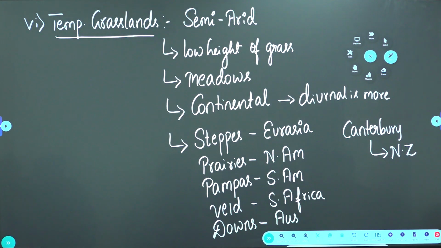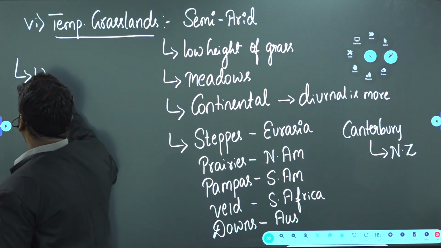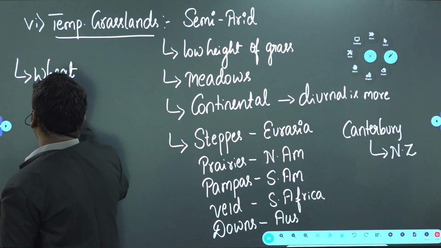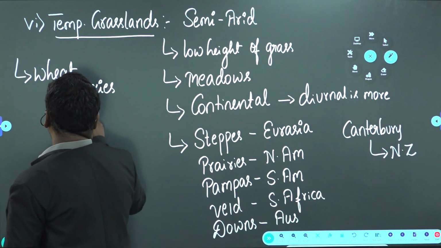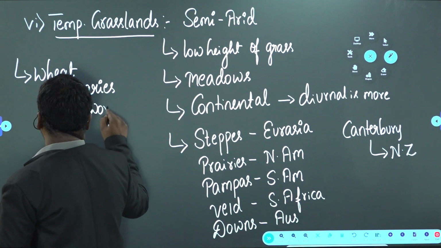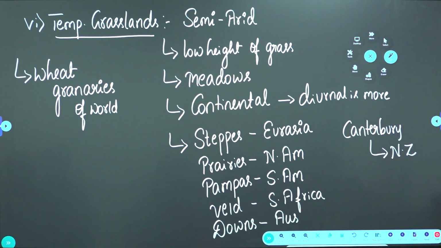Another key word for this is they are known as wheat granaries of world. Done?